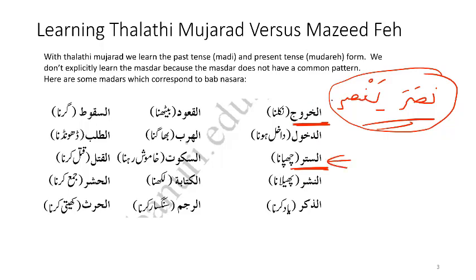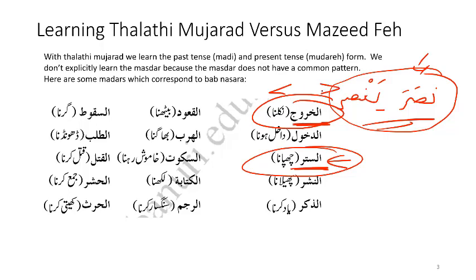So notice between al-khuruj and as-satar, the masdar, or the name of the action, follows a different pattern. That's why when we talk about bab nasara yansuru, we don't have a standard pattern for the masdar. Masdar again is the name of the action.